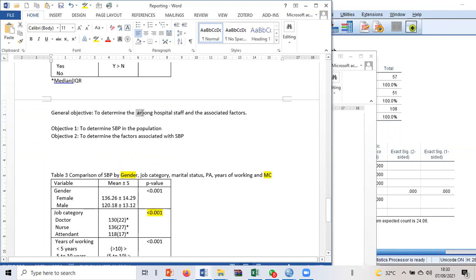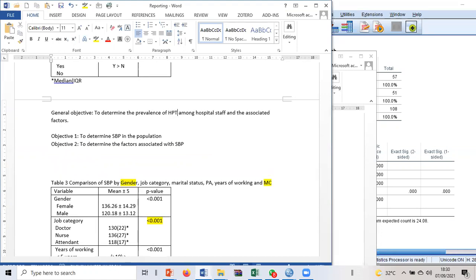We call it prevalence of HPT, hypertension, among hospital staff and the associated factors. So determine the prevalence of hypertension in the population and determine the factors associated with hypertension.